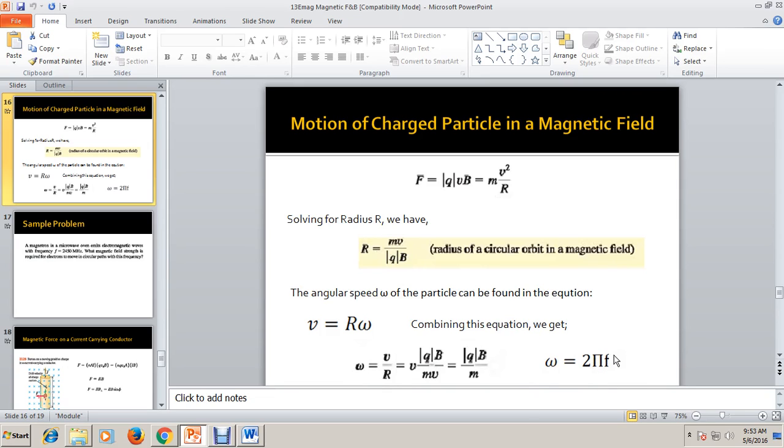Given the frequency of the magnetron, or the microwave radiation, we should be able to compute our angular frequency, or angular velocity. From there, we can compute the magnetic field by deriving B from this equation.